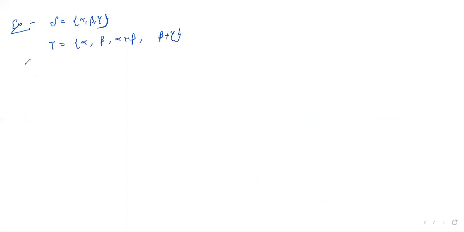Here we can see that each element of T is a linear combination of the vectors of S. Alpha, beta, alpha plus beta, beta plus gamma can all be represented as linear combinations of the vectors of S. So from this we get that L of T is a subset of L of S.